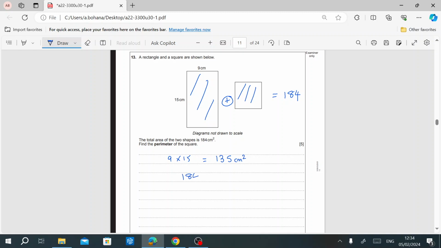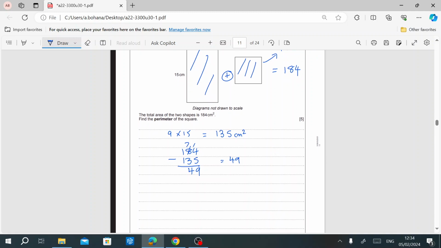So if we do 184 minus 135, that's going to be 9, 7 take away 3 is 4, 1 take away 1 is nothing, so it's 49. We know that this here is equal to 49 centimeters squared. Well, if you square root that now, because it's a square, the square root of 49 is 7. So each side must be 7, 7, 7, 7. So the answer is 7 plus 7 plus 7 plus 7 is 28 centimeters.